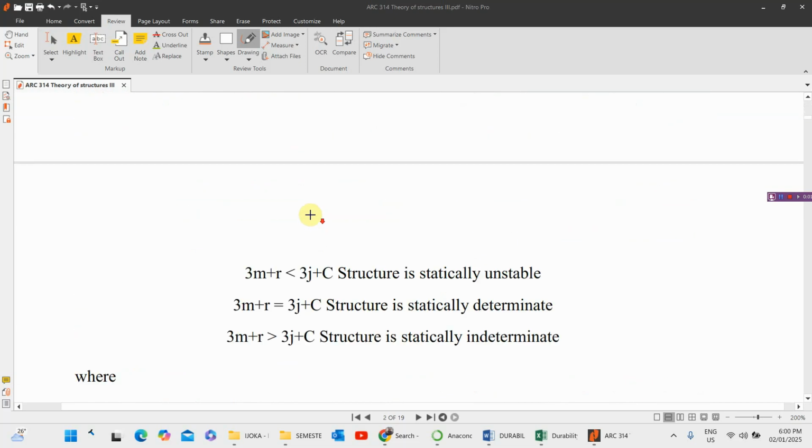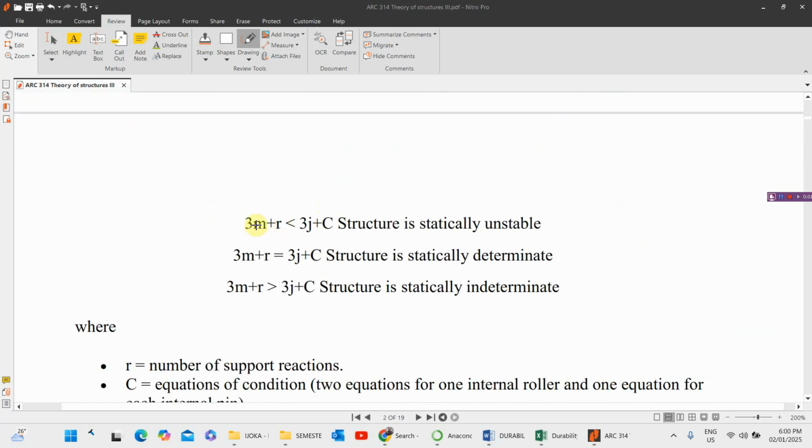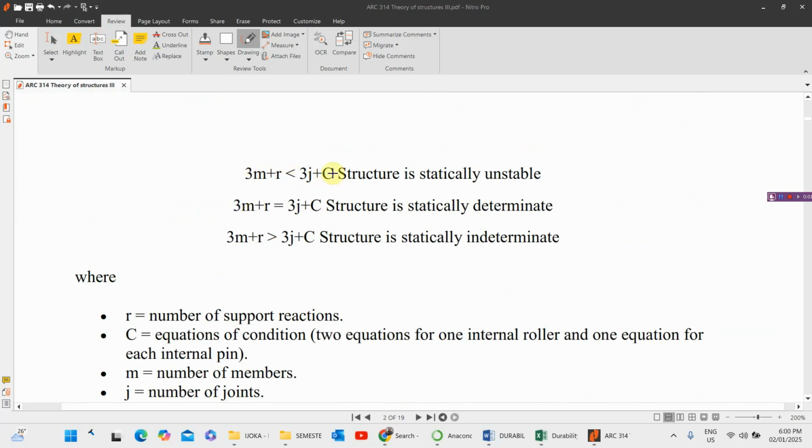Now, looking at a simply supported beam or statically determinate beam, I believe we can all recall how to determine the determinacy of a beam using this formula, 3m plus r. When it is less than 3j plus c, that means the structure is statically unstable.